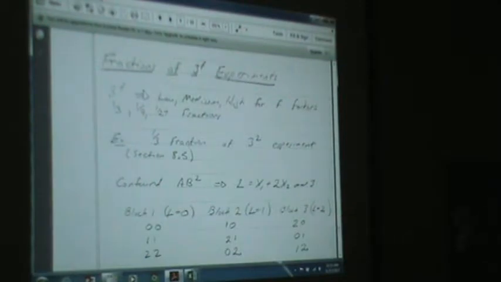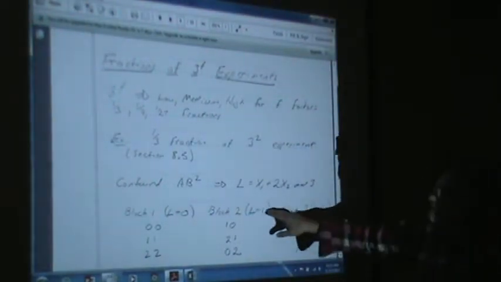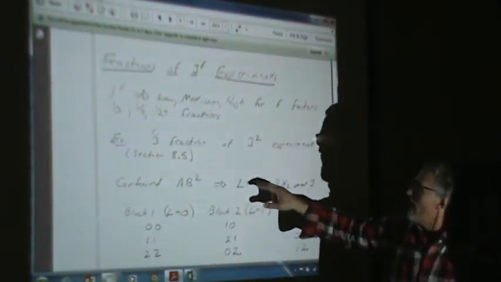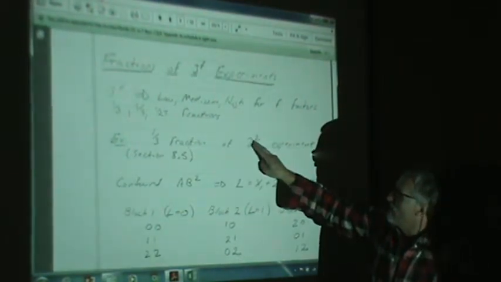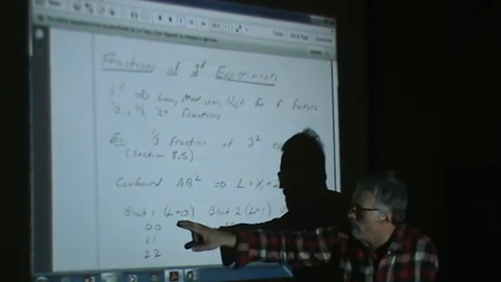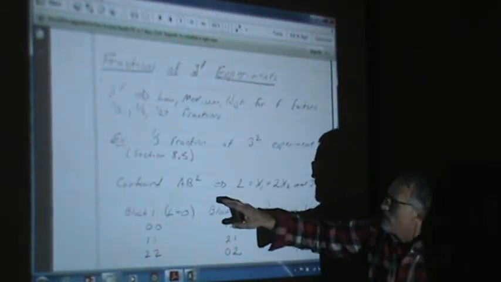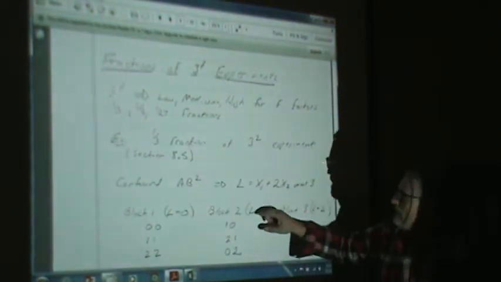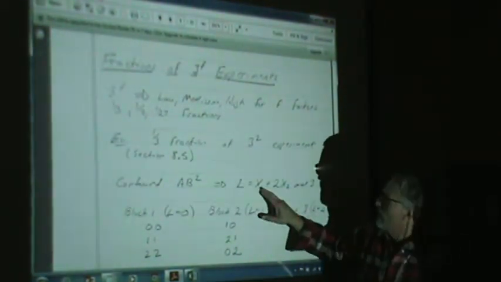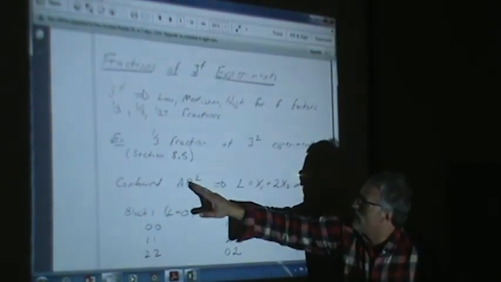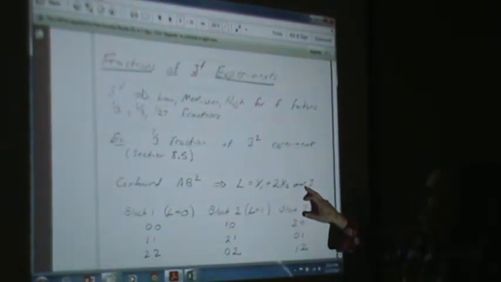Here's that same example from section 8.5, where we had 2 factors, 3 levels, and 3 different blocks. On contrast, we were going to confound that.